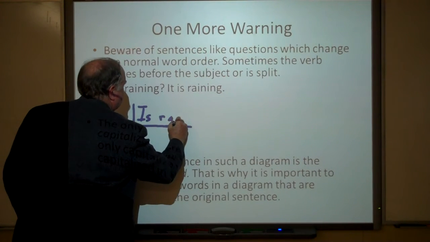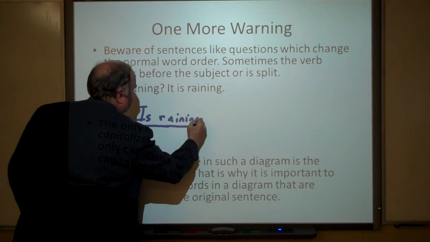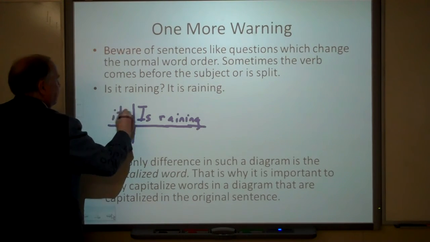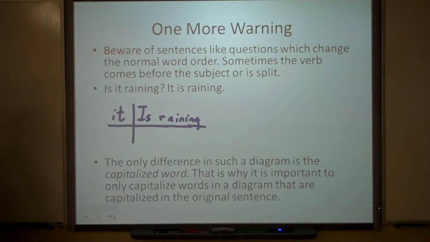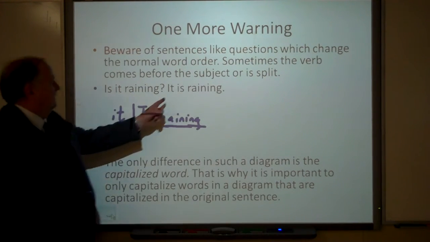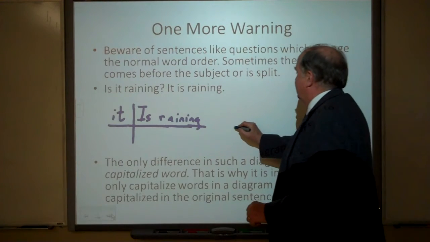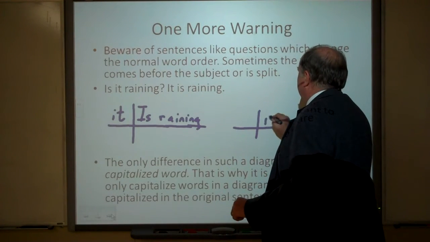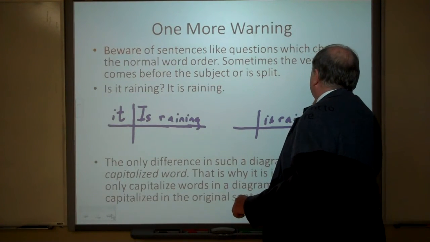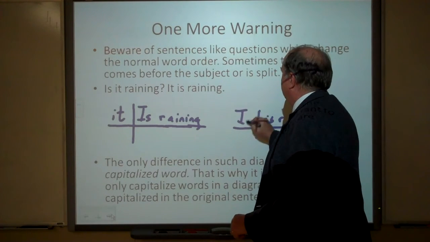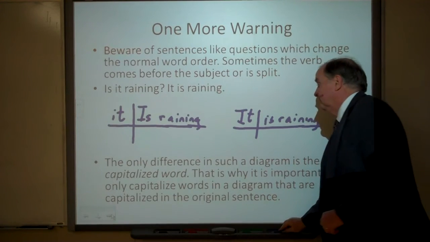Is raining is the verb. It is the subject. It is raining. Also, is raining is the verb. It is the subject.